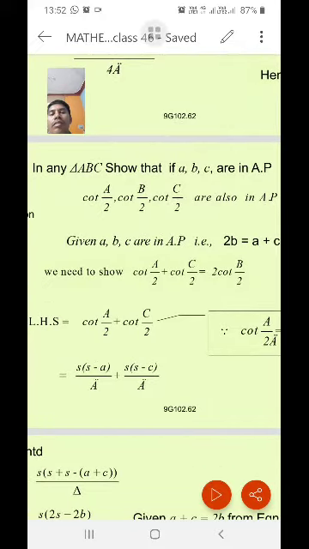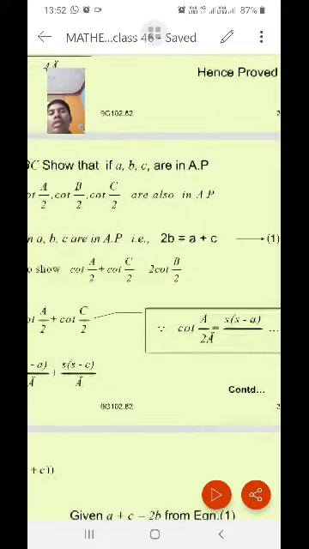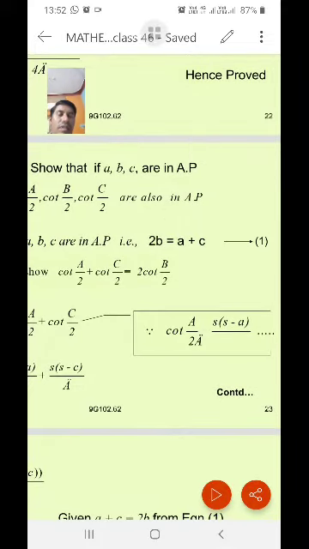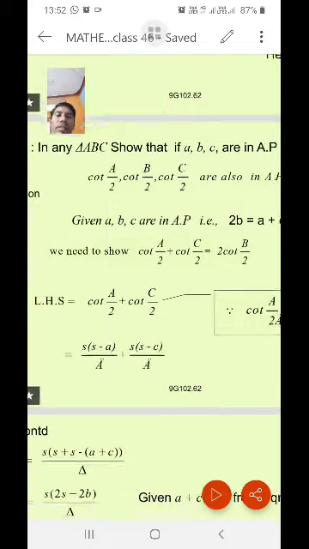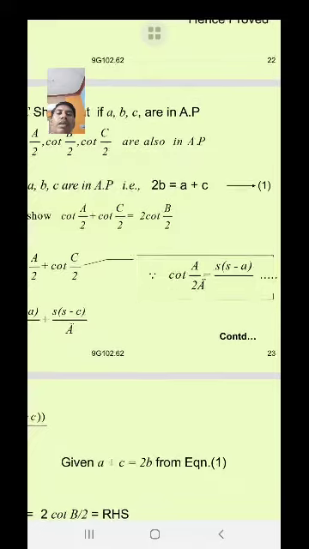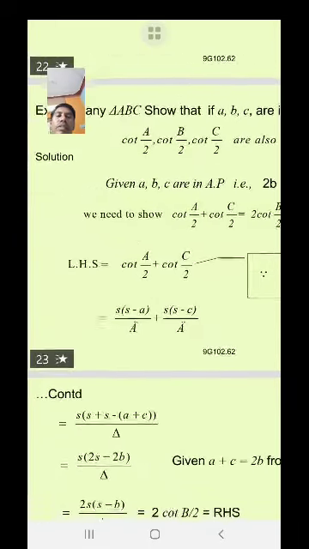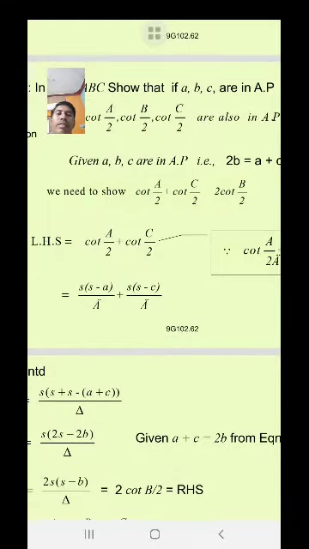So the solution is, given A, B, C are in AP, that is 2B = A + C. Consider it as equation 1, and we need to show cot A/2 + cot C/2 equals 2 cot B/2. So take the LHS, that is cot A/2 + cot C/2.